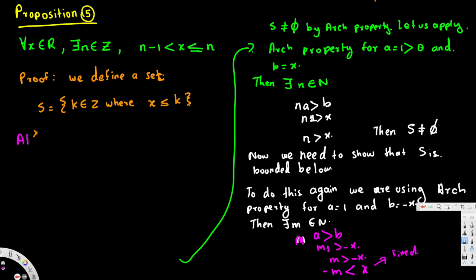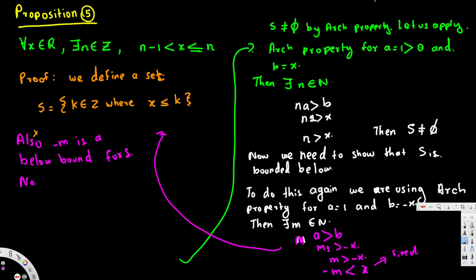Also, minus m is a lower bound for S. Now by proposition number 1, if you don't know what proposition number 1 is, I have made all the previous propositions from 1 to 4.